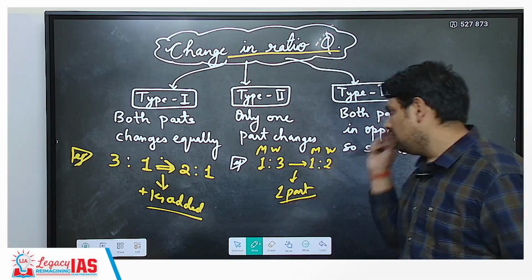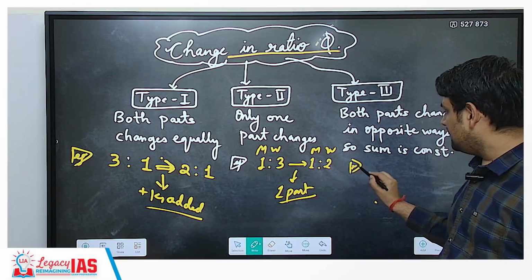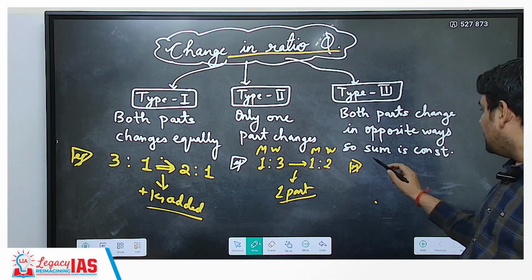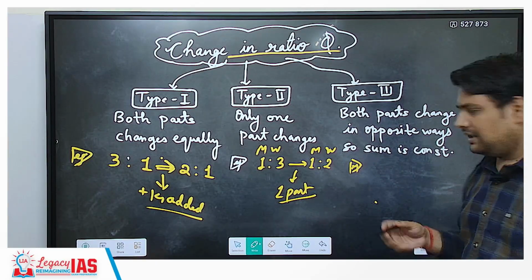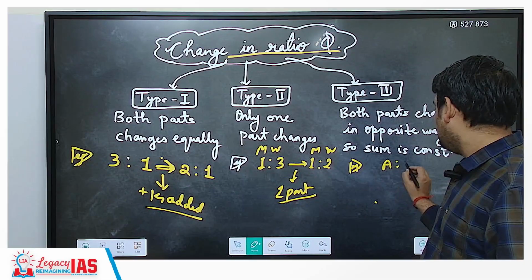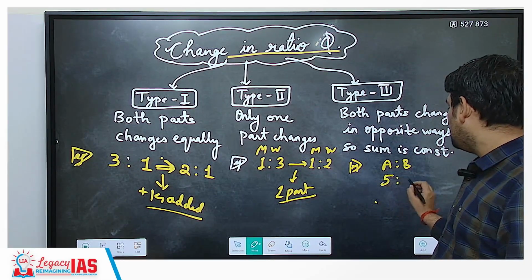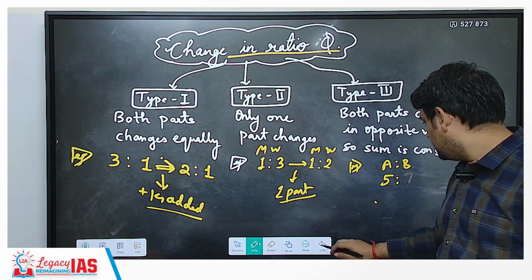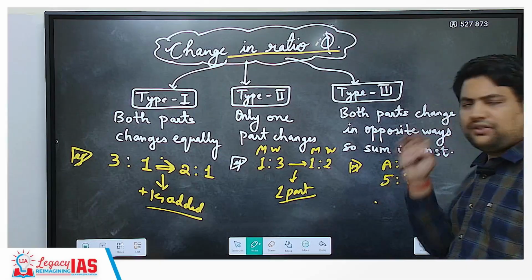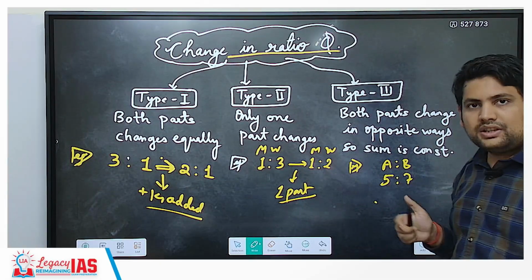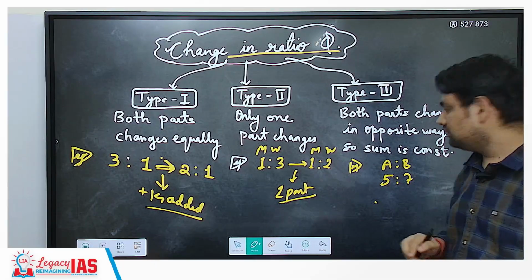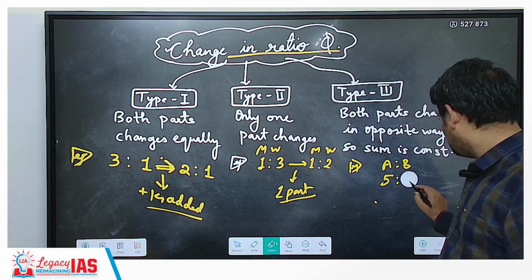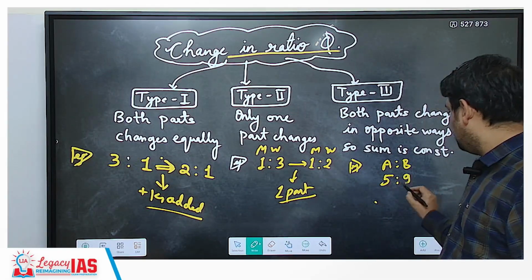This is type 2. Next is type 3, where both parts change in opposite direction, such that the sum is constant. For example, let us say A and B have marbles in the ratio 5:7, correct? Now A gives some marbles to B, and let's make this 5:9.